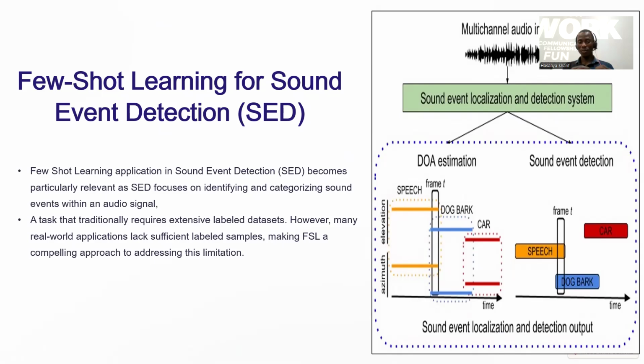Using the previous example, if we have a speech from somebody, we can focus on the filler words that they are using. That's just a few samples of the entire audio signal. The task traditionally requires extensive labeled data sets, which we might not have, and they are hard to get and expensive to make. Manual applications lack sufficient labeled samples, making few-shot learning a compelling approach to addressing this limitation.